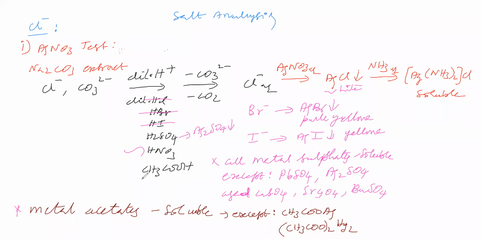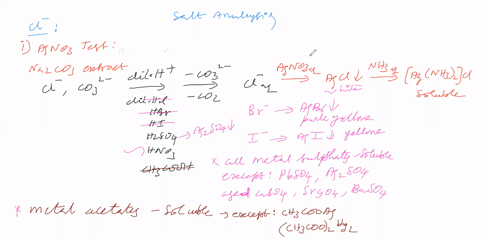Therefore, suppose you add acetic acid, here acetate ion will be there. Acetate ion takes silver and becomes silver acetate, which is a white precipitate. It interferes with the white precipitate of the test, so it will give a wrong conclusion. So adding acetic acid, we have to avoid. Therefore, in this silver nitrate test for testing Cl minus, we are taking sodium carbonate extract.